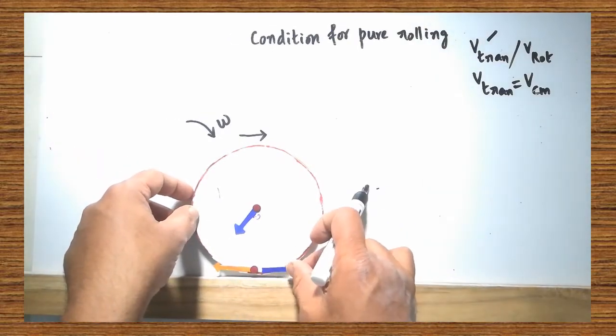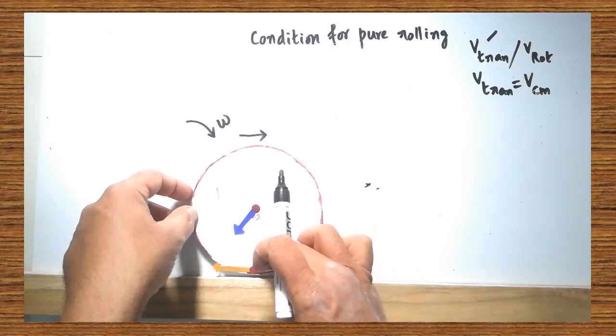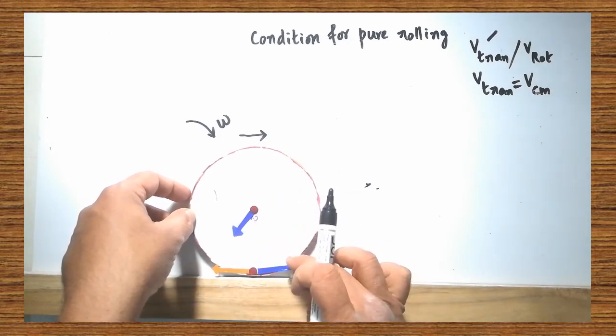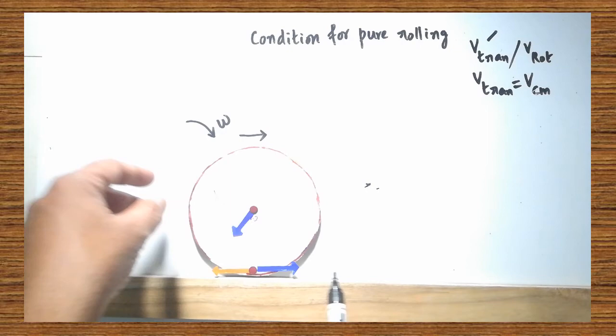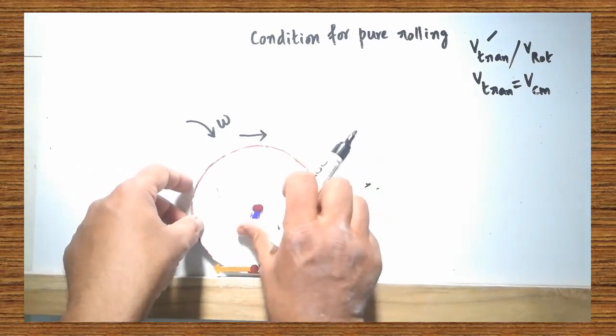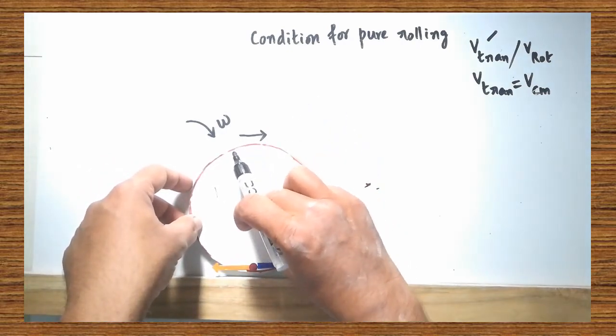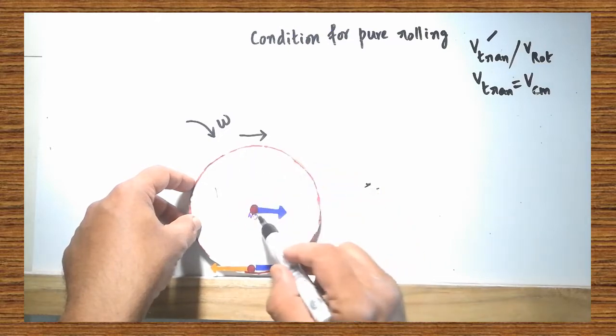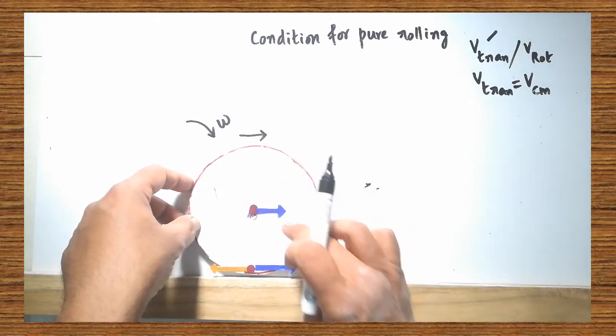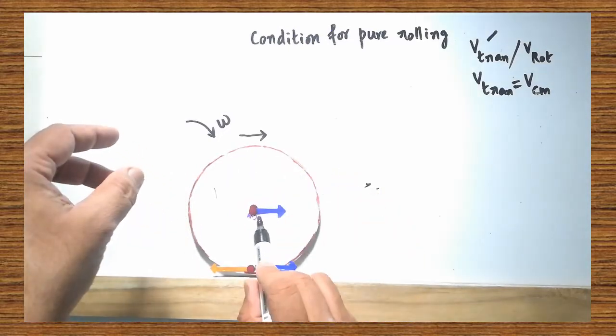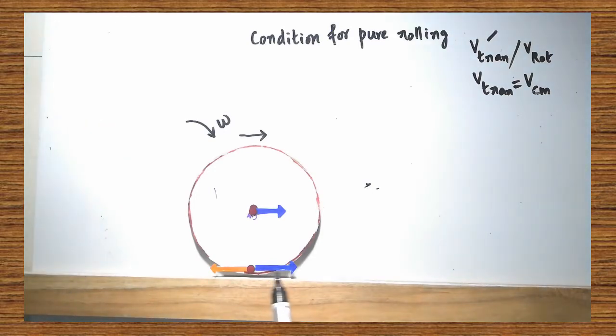This is the direction of the V translational. V translational is acting in this direction. And then the VCM is also acting in the same direction. This is the direction of the VCM, this is the direction of the V translation of the point, this is the direction of the V rotation.